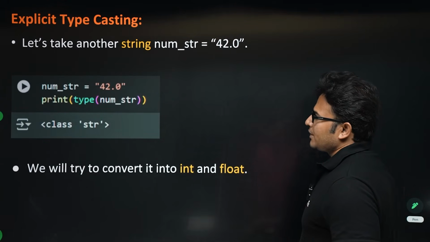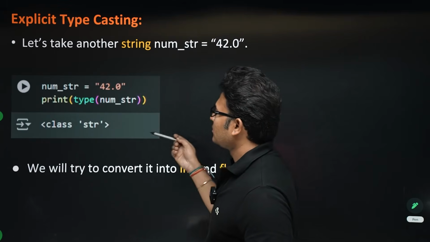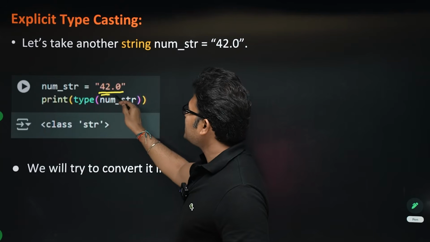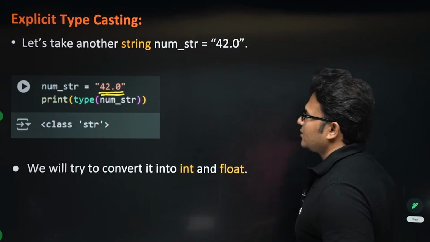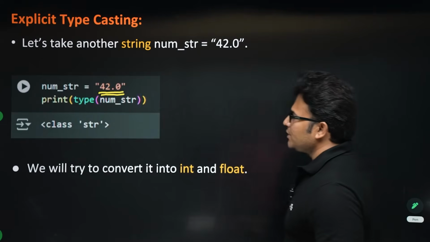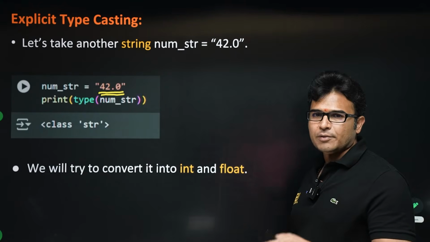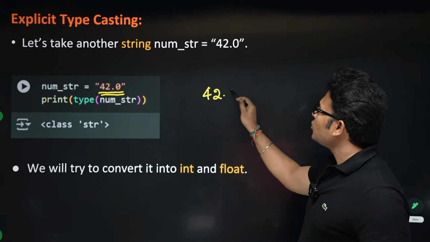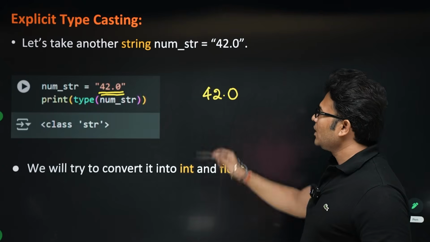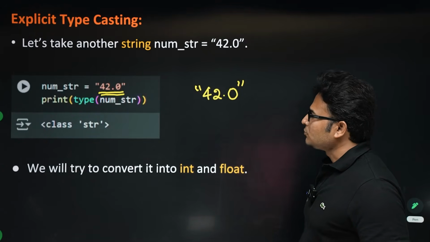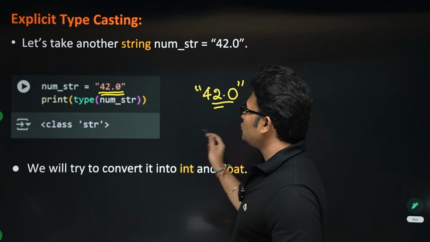Now let us take one example where the string is a number, 42.0. What I mean to say here is there is a floating point number which is a string. See, 42.0 is a floating point number which is a string. Now if you see the type of it, it will show as string.